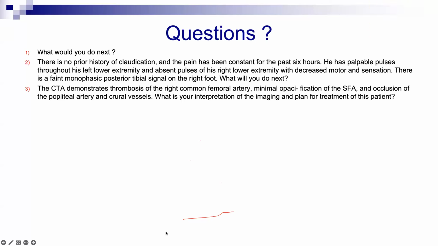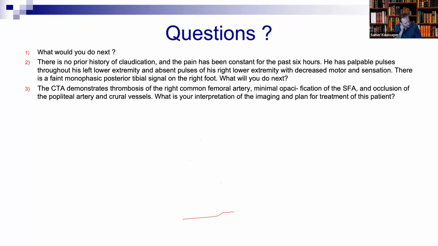I will do a longitudinal incision midway between the anterior superior iliac spine and the symphysis pubis. After dissection, I will find the common femoral, profunda, and SFA.